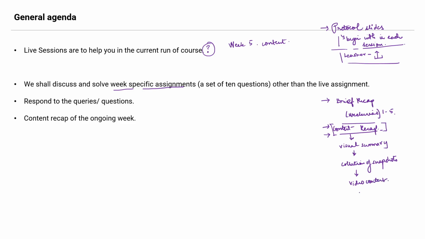We take snippets of the video content, arrange them in the form of slides, collate them, and present them as a visual summary. Visuals are better to retain. And even if you have not gone through the content, through the visual summary, I believe that you will be able to answer most of the questions in this session today. Right, so that is what we follow.